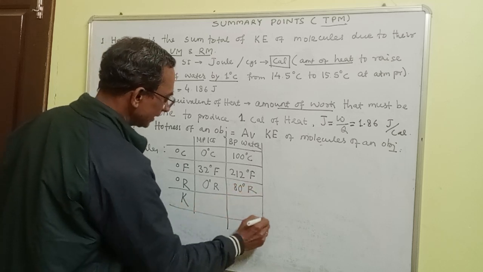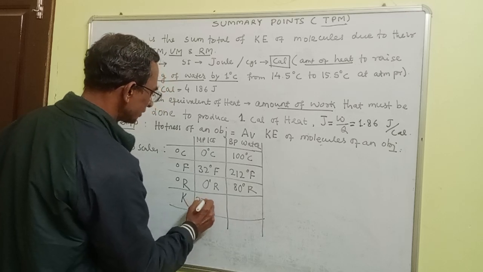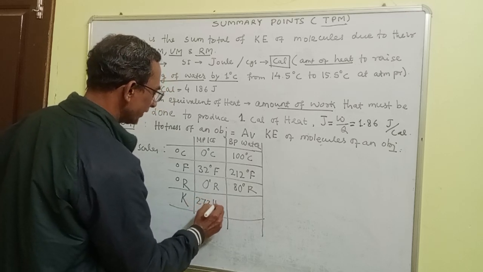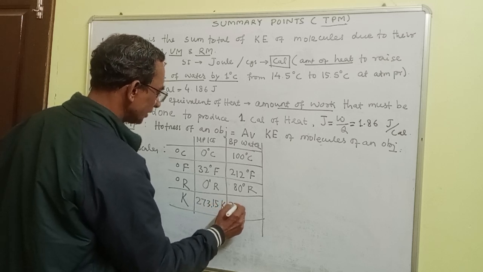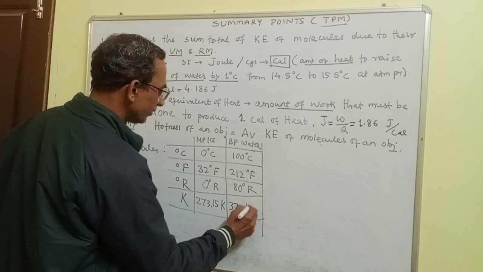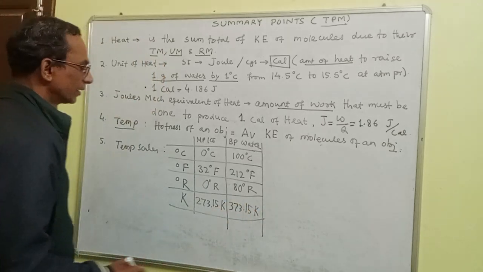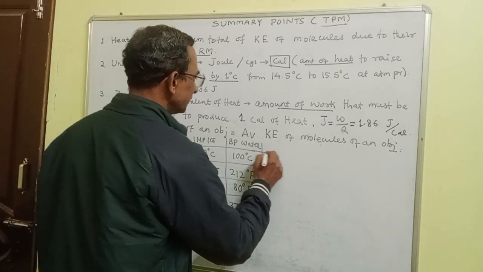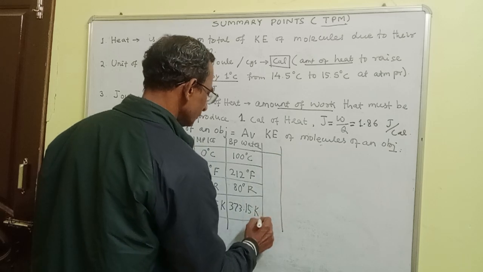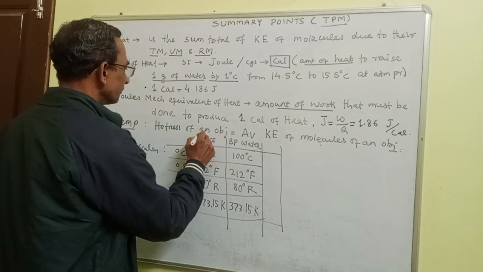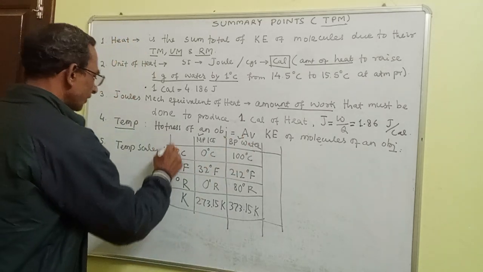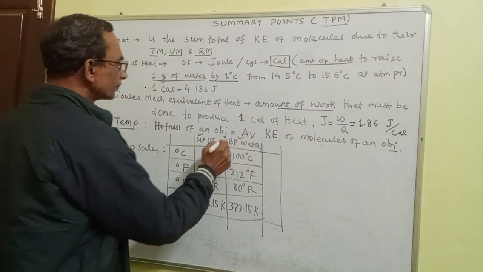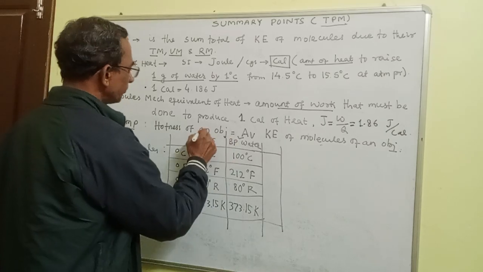In Kelvin scale, it is 273.15 Kelvin and 373.15 Kelvin. Here we find in this scale, this is the start point and this is the end point of that scale. The reference points we have taken.